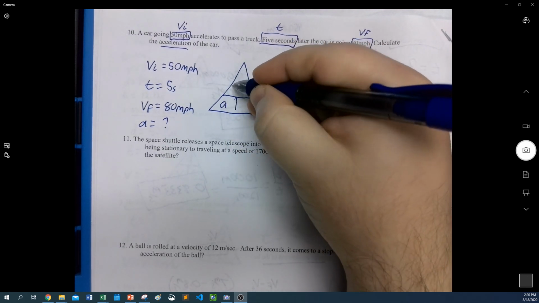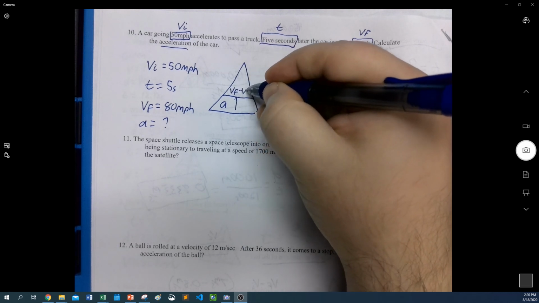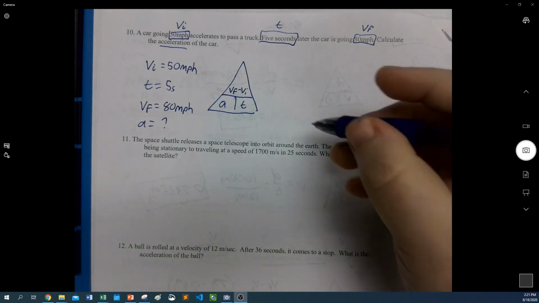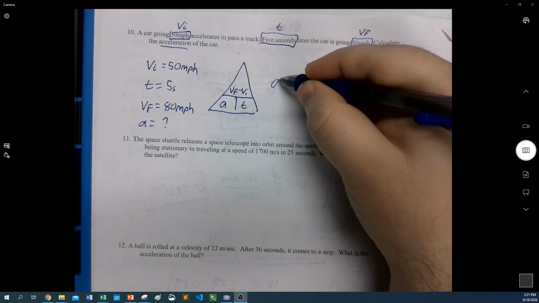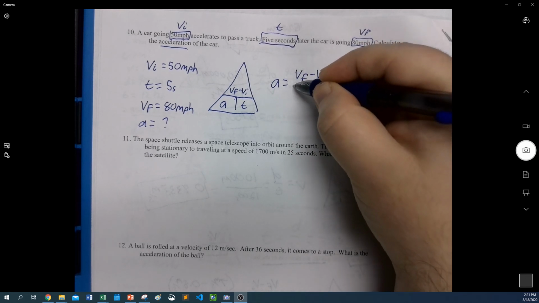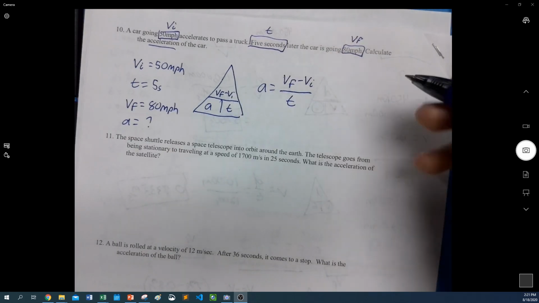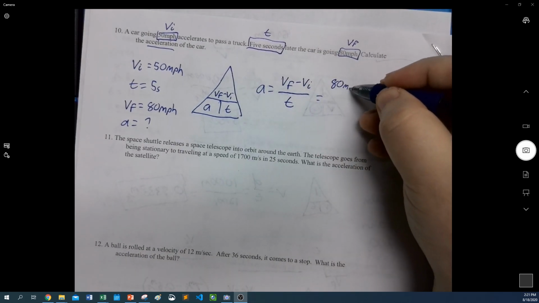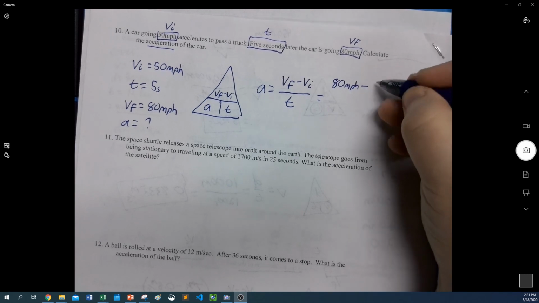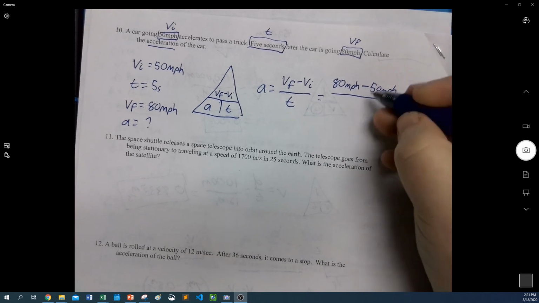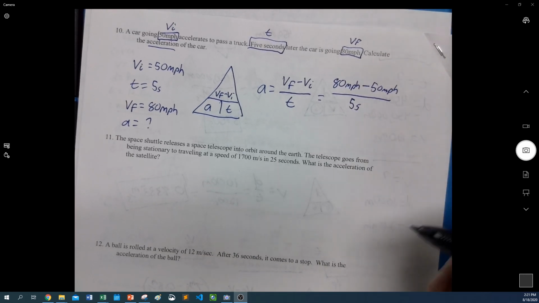So acceleration is equal to Vf minus Vi divided by T. That would equal 80 miles per hour minus 50 miles per hour divided by 5 seconds.